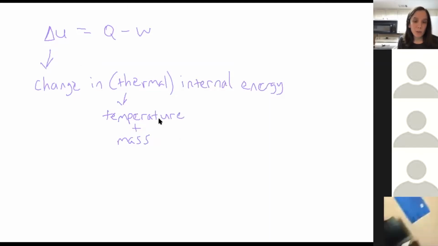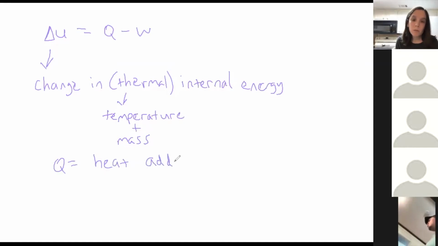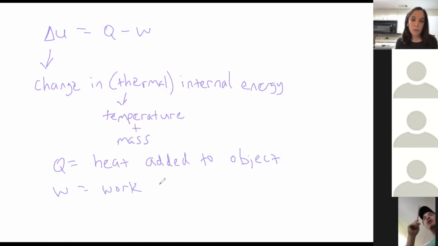If neither of those change, you have no change in thermal energy. Q stands for the heat added to an object. And then W is the work done by the object.